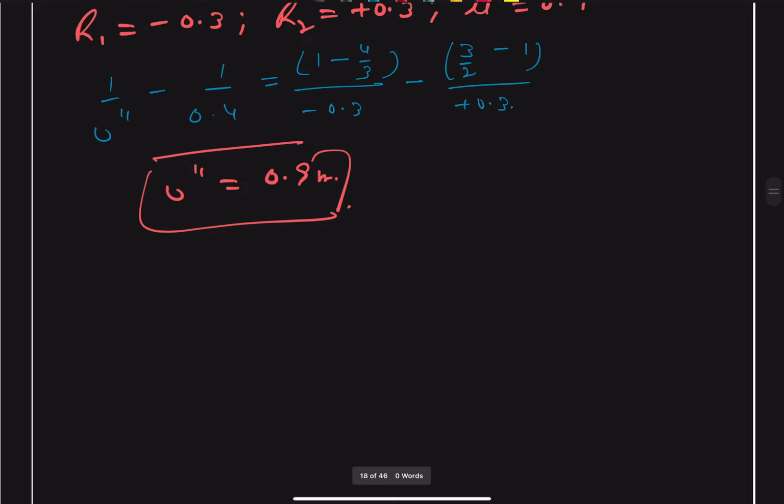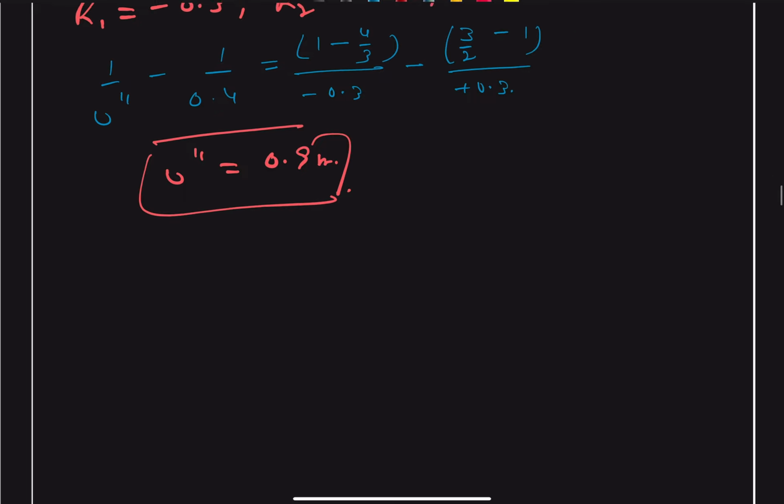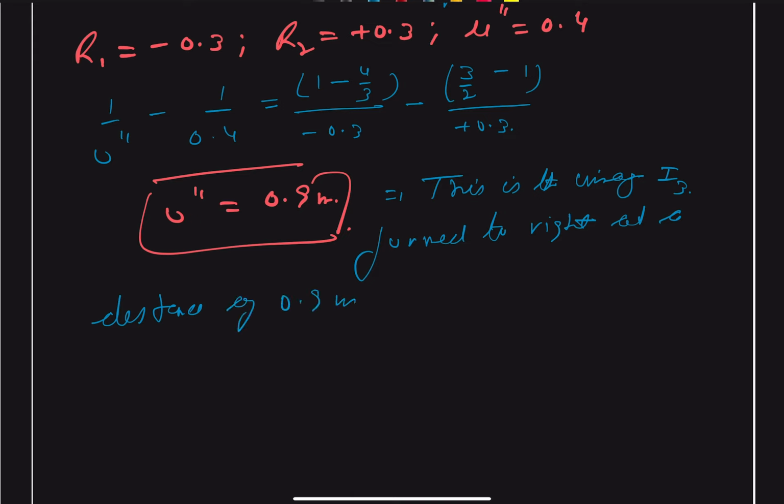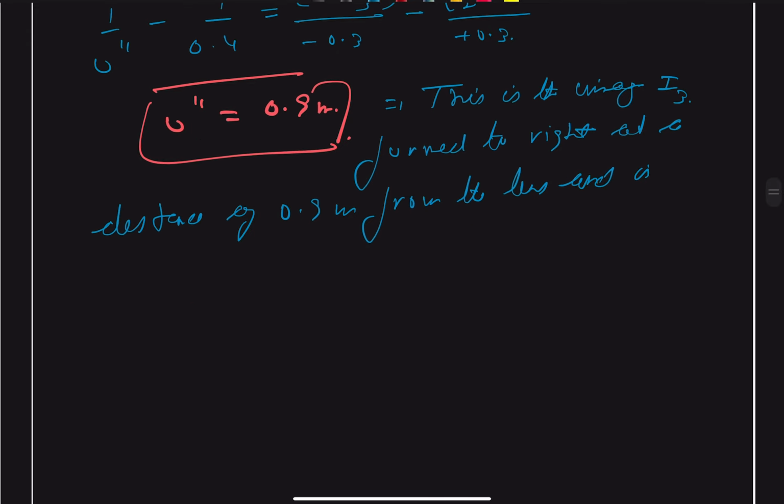So it means we are going to have a formation of the image I3, formed to the right at a distance of 0.9 meters from the lens, and it is virtual.